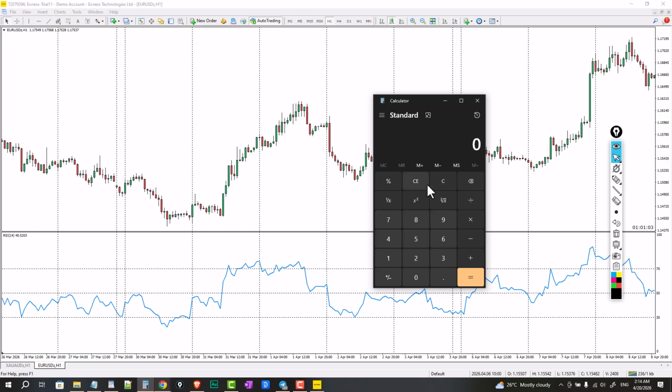Remember, whenever you win a trade, you only win $10, but whenever you lose a trade, you lose $90. So with just that one losing trade, you'd end up losing $90. So when you subtract your gross loss, which is $90, from your gross profit, which is also $90, in this case you would be at break even.